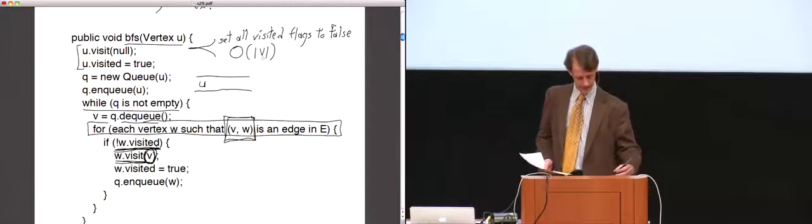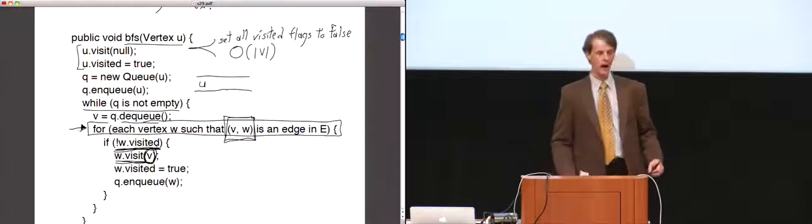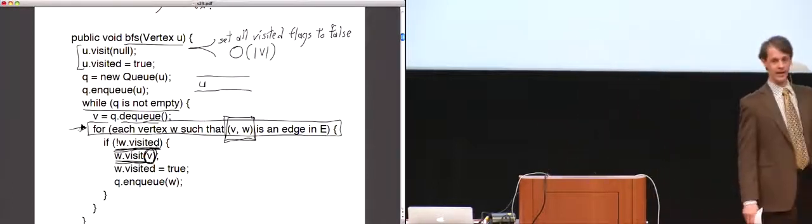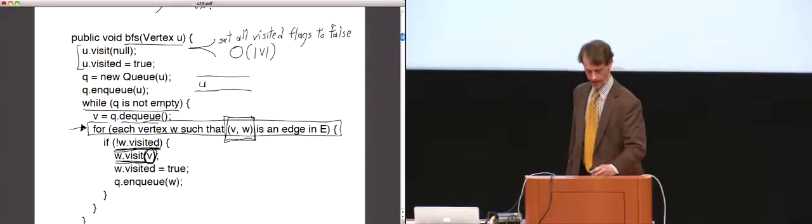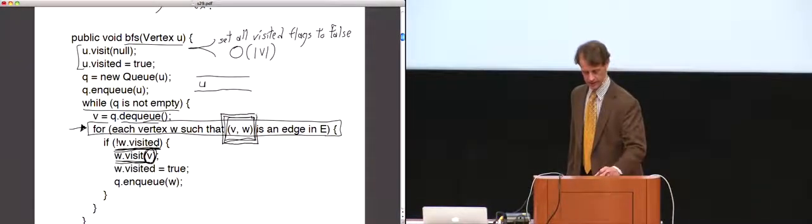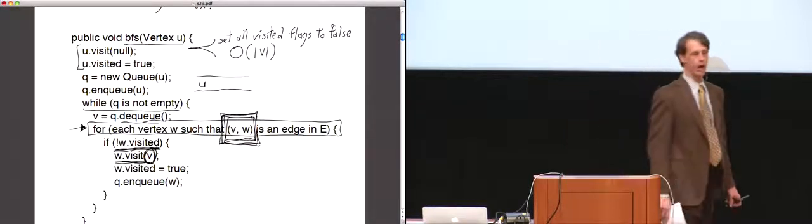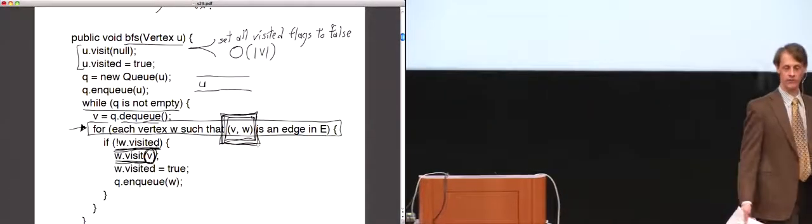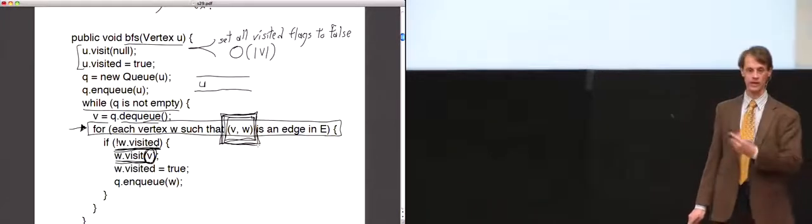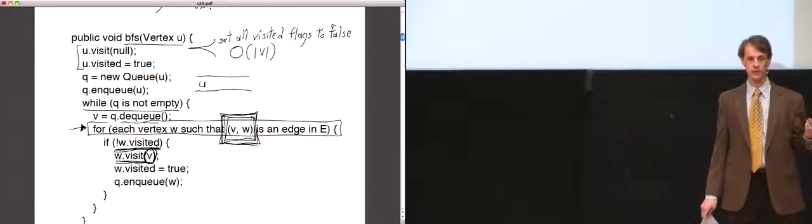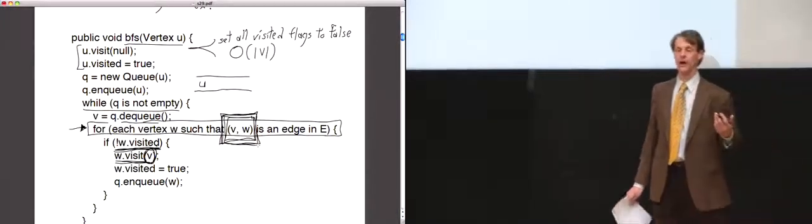And what takes E time, on the other hand, is if you look at this inner for loop, when you combine that inner loop with the outer loop, then we're going to basically visit every edge once. Or if it's an undirected graph, maybe we'll visit every edge twice, once for each direction, once for VW and once for WV.